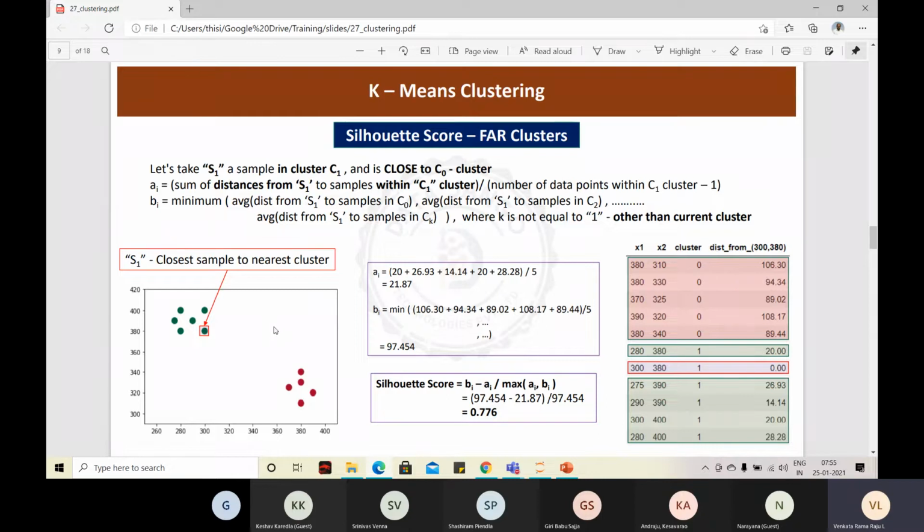If you have 9 neighbors, you'll have 9 blocks like these. It will calculate these scores, keep them aside, and then put them into this formula. We'll see the formula in a minute. Did you understand the basic idea of the silhouette score?